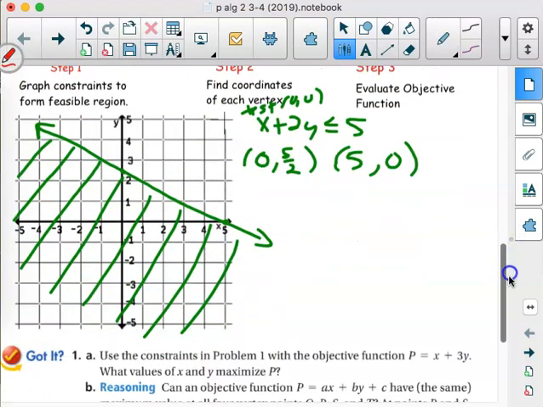Then I switch colors, and I'm going to go after the second constraint: x minus y is less than or equal to 2. Again, it's in standard form, but it has a negative, so I have to be a little extra careful here. If x is 0, this is going to say the negative of something is 2. What would that something have to be?